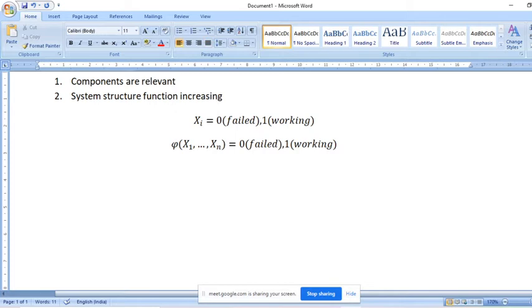Now, in the first chapter we were not considering xi as a random variable. It will take either 0 or 1, it's a fixed value. And now we are considering a component state as a random variable.